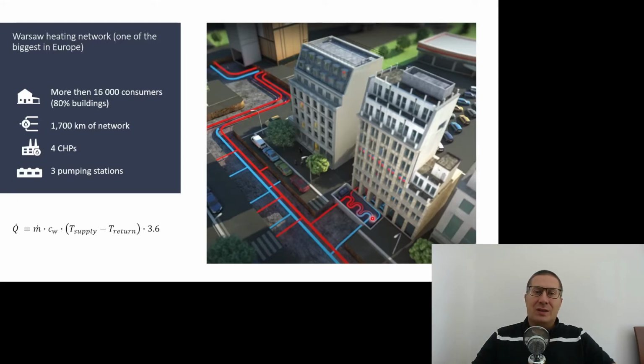So the buildings are deciding about the water flow. However, if we increase the supply water temperature in CHP plants, the temperature of the hot water will be higher, so the flow will decrease, because the controllers will close the valves.